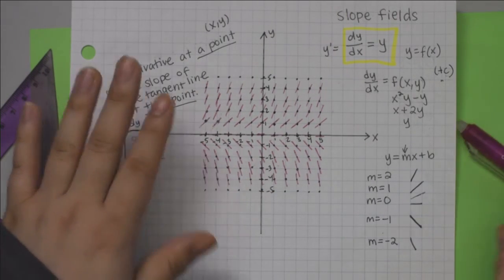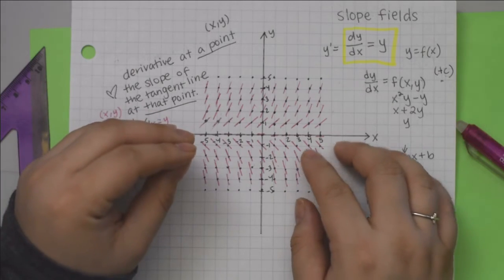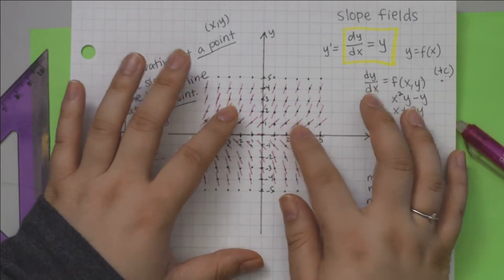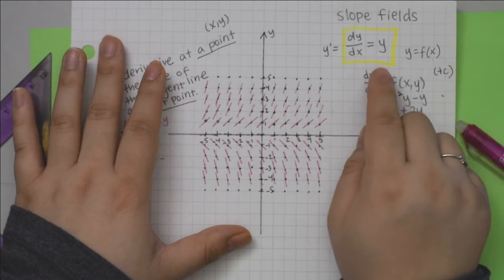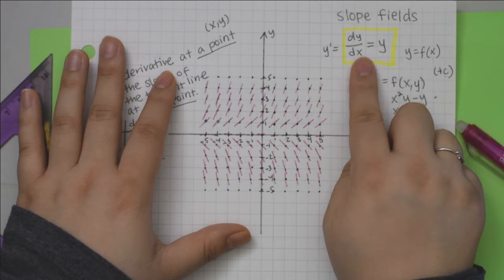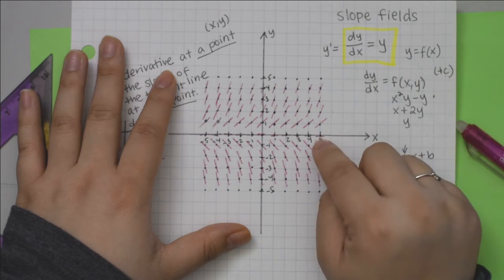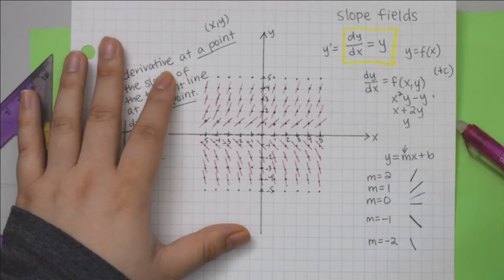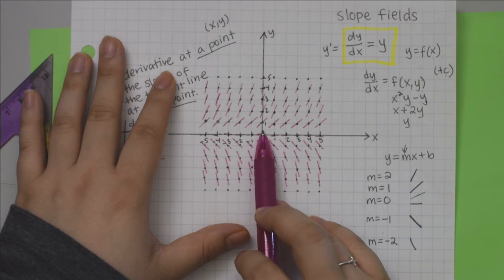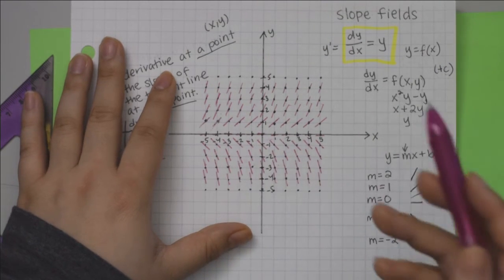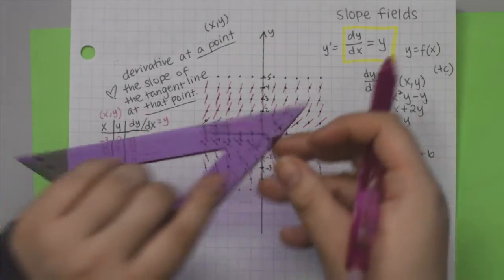So you just have a whole bunch of points, and at those points you have little line segments that have the slope of the value that you would get for dy dx when you plug in the x and y coordinates. So here we can fill in, let's just try half. Let's do one more y value of half. The slope would then be half.